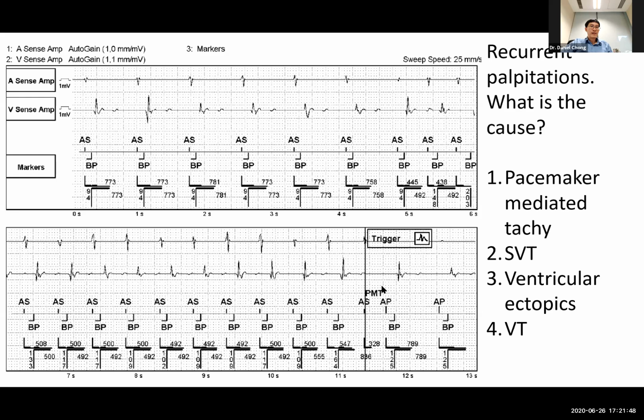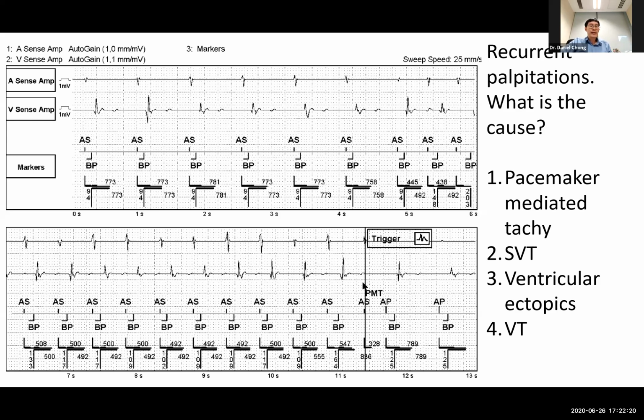So given this maneuver by the device and this response, I would say that 1, pacemaker-mediated tachycardia, would be the correct answer. However, if this maneuver still resulted in the tachycardia continuing, and we would have to see more beats over here, then it would be an SVT.